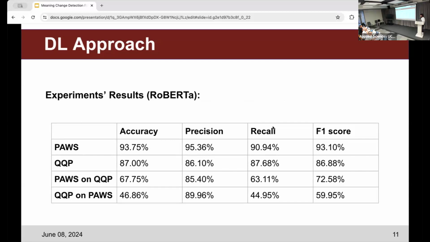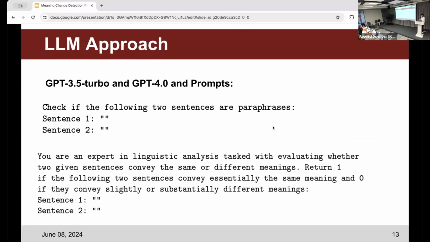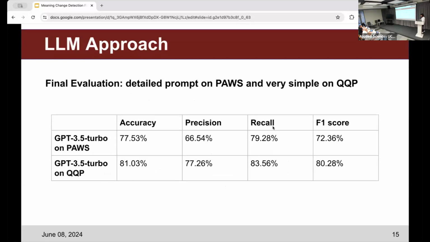Also, about your experiments with large language models, can you open that slide? Given that GPT was trained on an enormous amount of data, it can be the case that both of these data sets fall into its training data. So maybe these models can memorize.